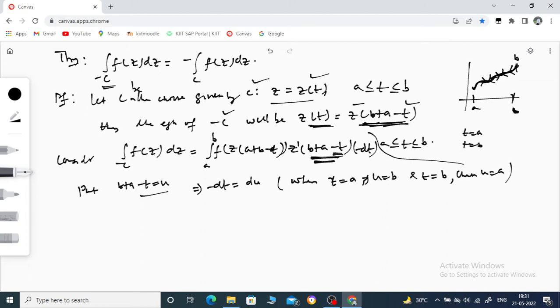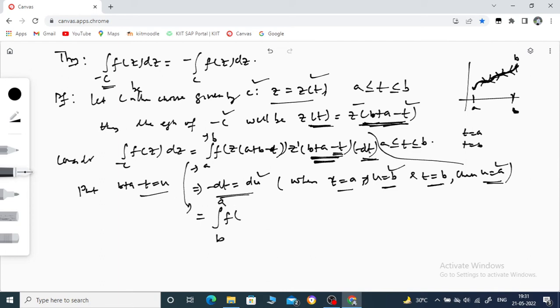That means it is reversing. So if I replace the variable t by u, when t varies from a to b, at that time u varies from b to a. So I can write this as b to a.